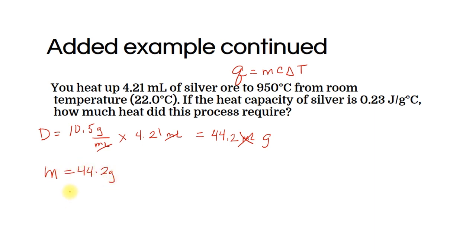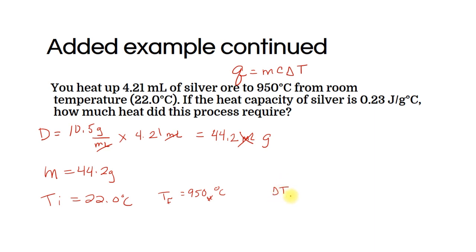Okay, that's M. We are heating it from room temperature, so that's going to be my initial. So 22.0 degrees, up to 950, so our final temperature is going to be really hot. Oh, there's no point there.